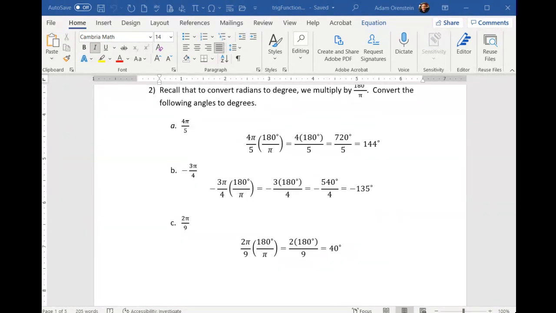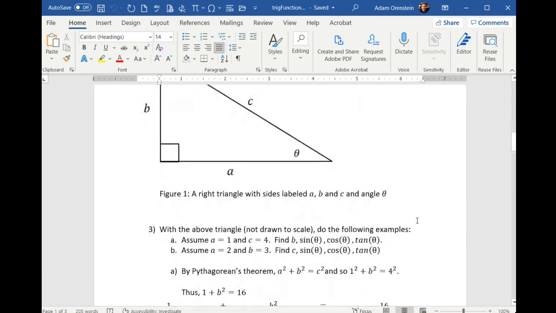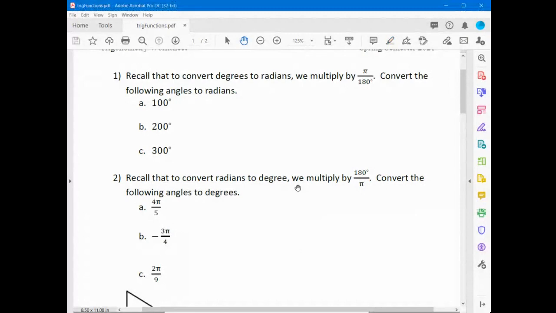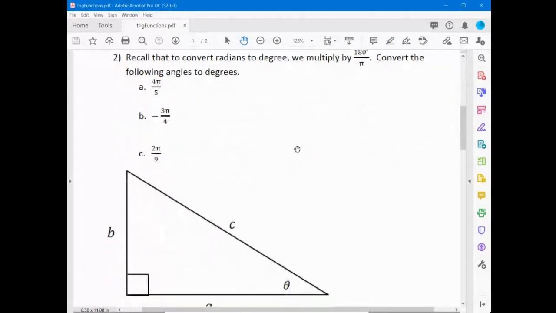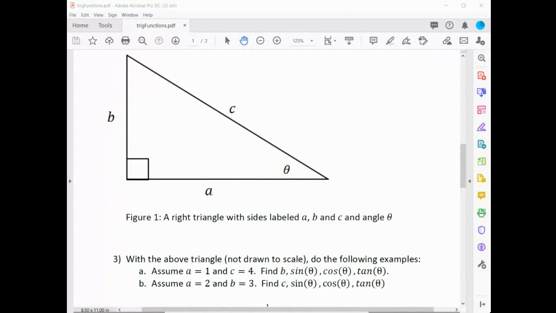Okay, so now let me get to question 3. Let me get back the actual worksheet. I almost showed everyone the answer key, which I don't want to do yet. So for here, you have this triangle and you're going to do question 3.